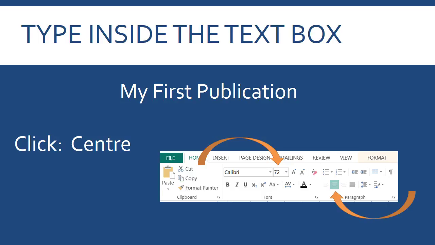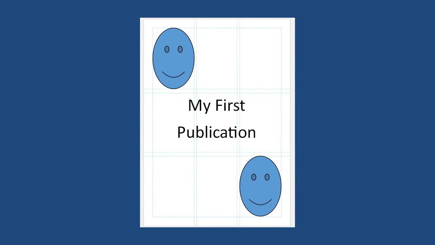And inside the text box, now you've changed the size, you're going to type My First Publication and then go to the paragraph group on the ribbon and click the center button as shown here by the orange arrow. So you've created a simple publication with two graphics and some text.